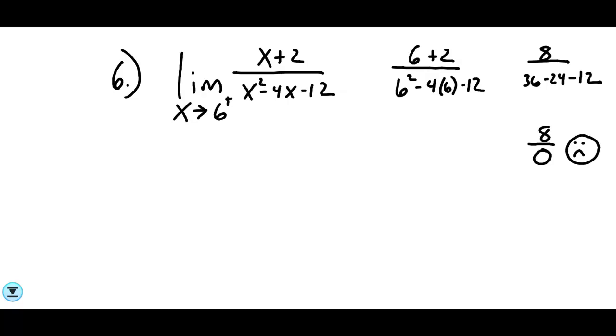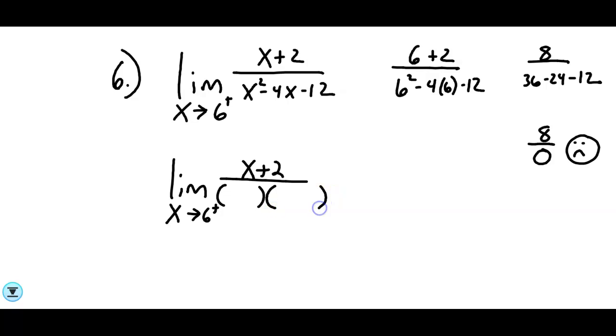Well, we could try factoring this thing to simplify it. So let's see if we can factor it. And then we're going to go ahead and remove that discontinuity there.